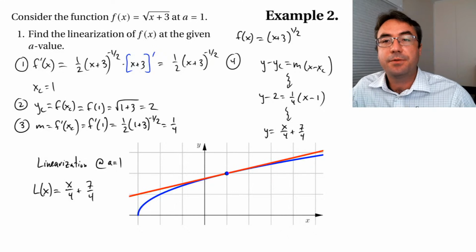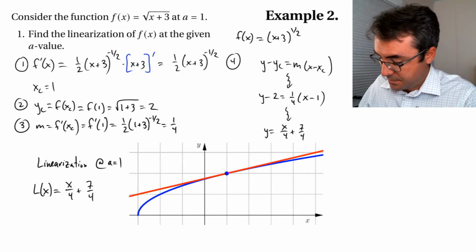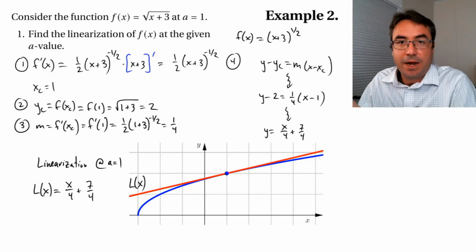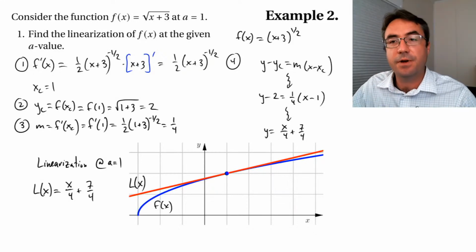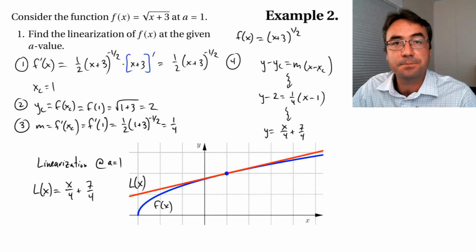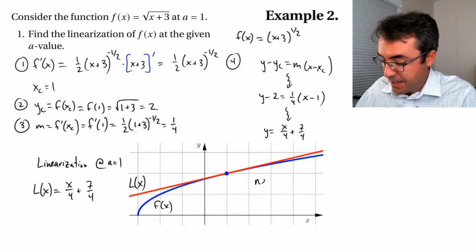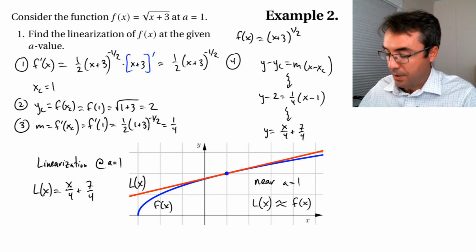And if we compare the graph of the linearization with the graph of f of x, the linearization is just the graph of the tangent line. f of x is this square root looking function, the curve. And so we see that near this point of tangency, near a equals 1, our linear approximation is approximately equal to our function.